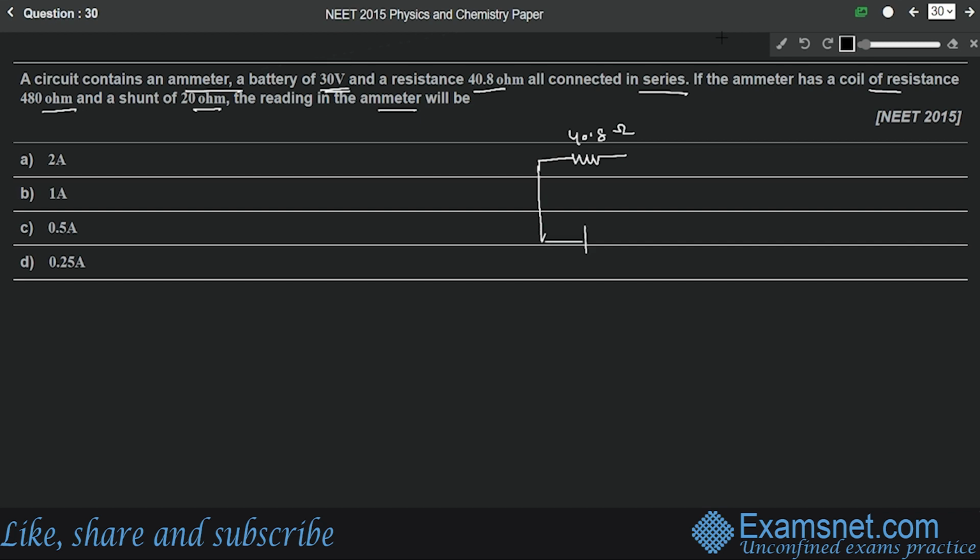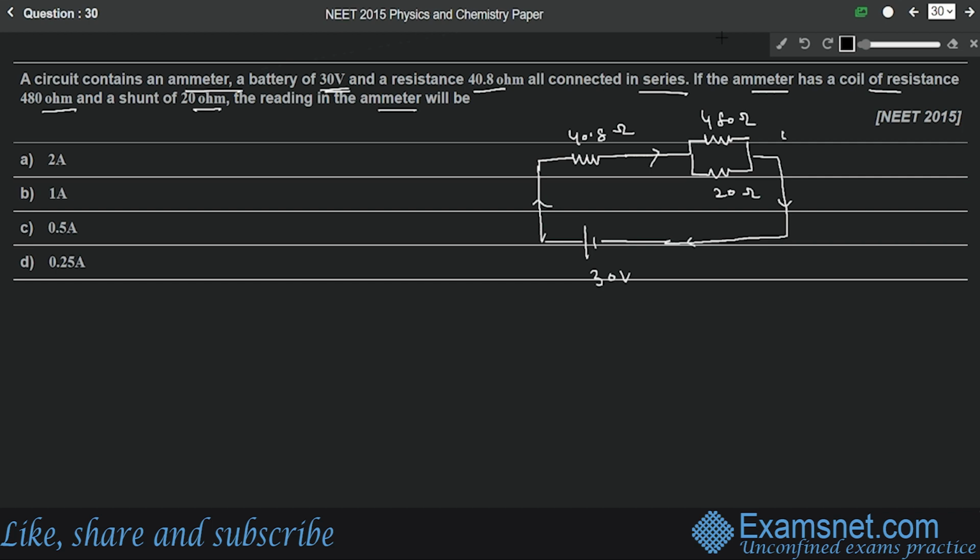Then the battery is a 30 volt battery. It is given that the ammeter has a coil of resistance 480 ohm that has a shunt of 20 ohm, that means another resistance of 20 ohm in parallel to this. Then we have to find the reading of the ammeter. Okay, so this is how the current is flowing.